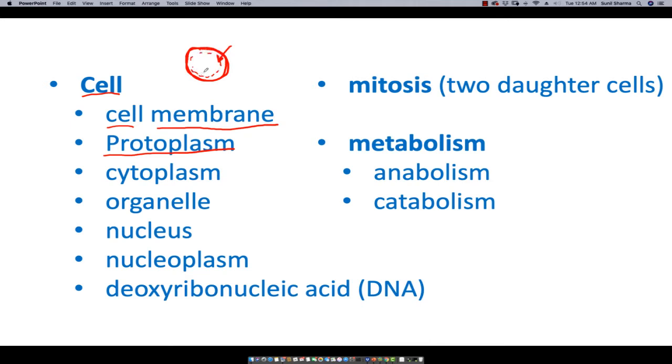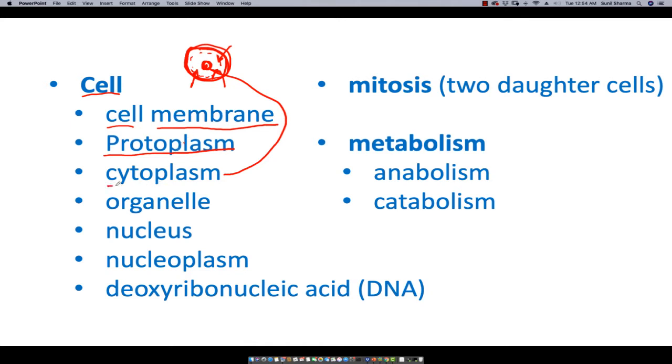What's inside that is being held together? Well, there's two segments, so I'll put another segment in the middle. And the secondary liquid is called cytoplasm. And we'll go more in detail about that. So we have cell membrane. Then we have overall what we call protoplasm.